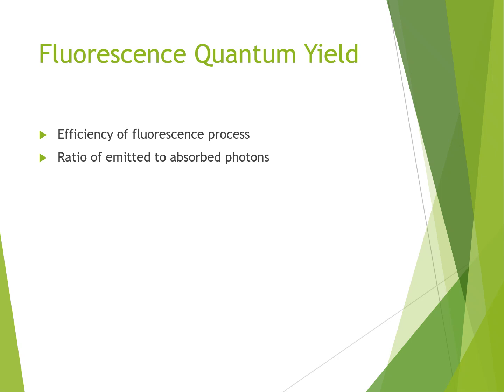Now we will discuss the fluorescence quantum yield. Quantum yield measures fluorescence efficiency. It is defined as the ratio of photons emitted to photons absorbed. The photons that are absorbed are of high energy and have shorter wavelengths.